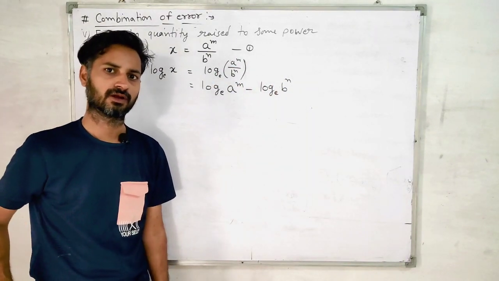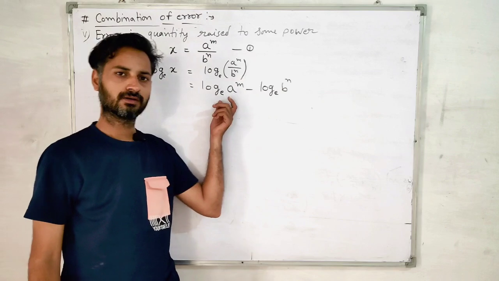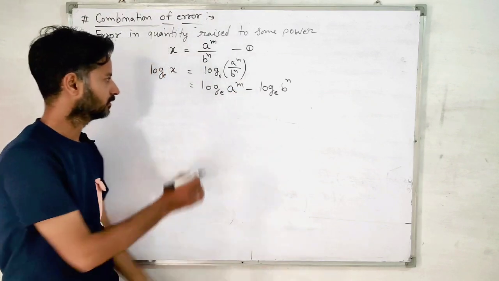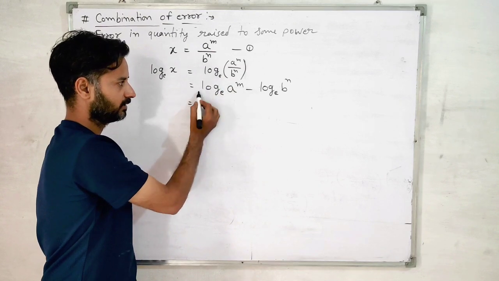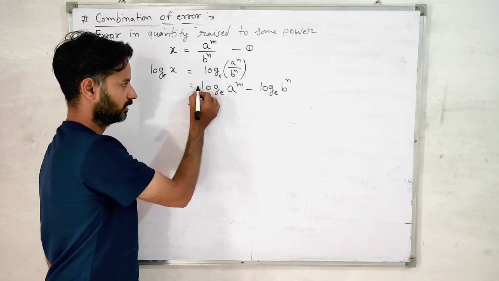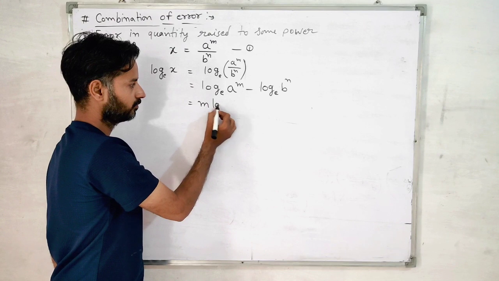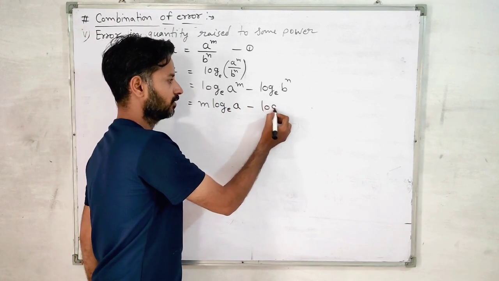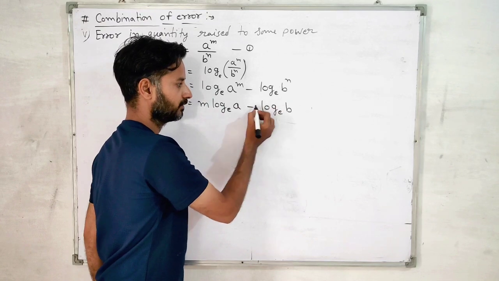Again, we use the identity of log: log a to the power m is equal to m log a. So m will go here, m log a minus n log b.